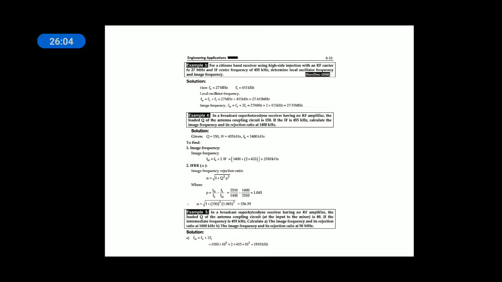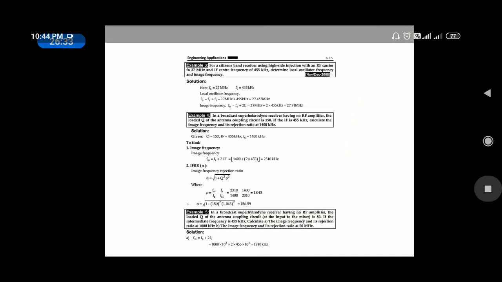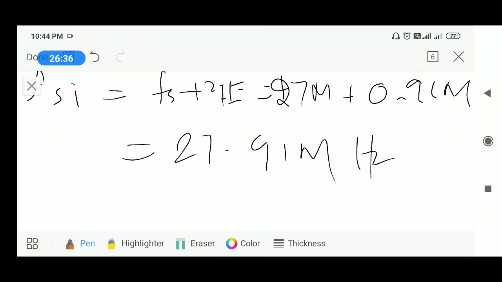So they provided Q 150, IF 455, at a signal frequency of 1400. Very simple. Let me summarize the problem. Example number 4. I'll take a blank page.